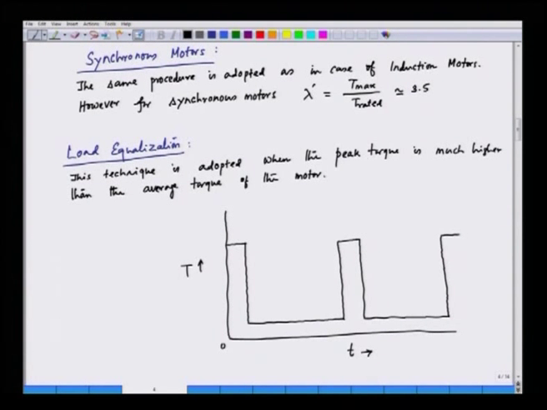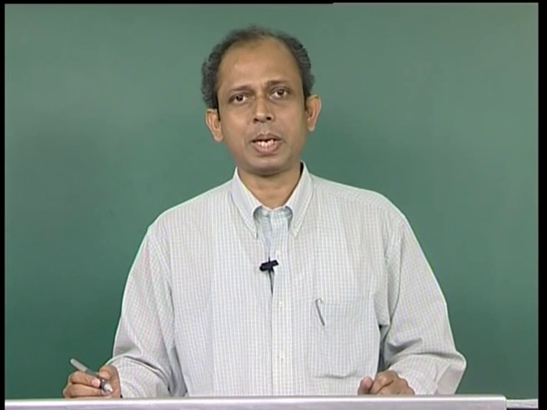So, it changes like this. So, we see the nature of the load torque variation. Now, this is the load torque variation TL. So, TL is fluctuating in nature, it is periodic definitely, but it is having a very high peak.